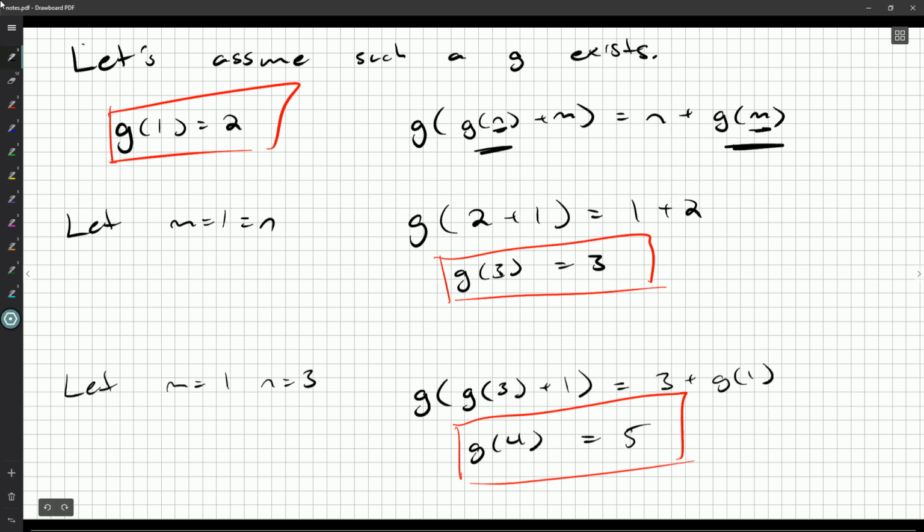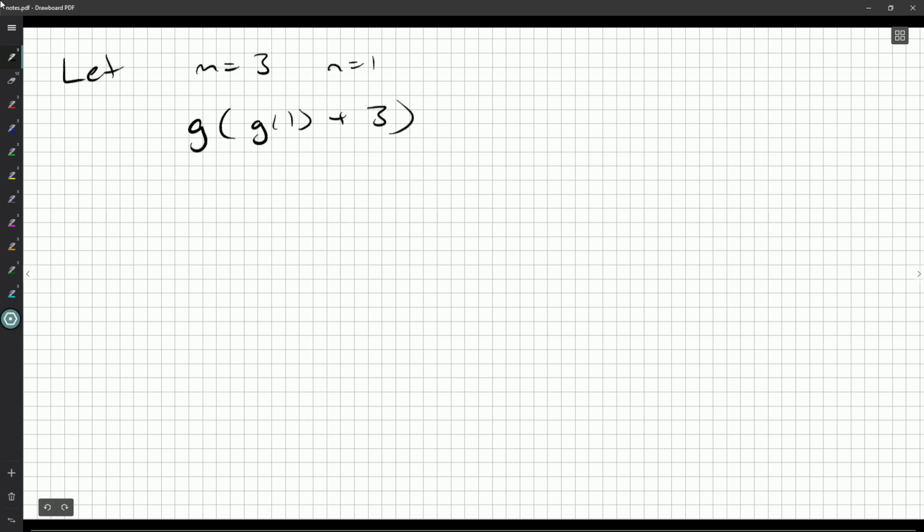But before we get too carried away with it, let's try m is 3 and n is 1. And as I'm thinking about this, you could also make a little table of values, to sort out what you have and haven't done already. So you get 1 plus g of 3.